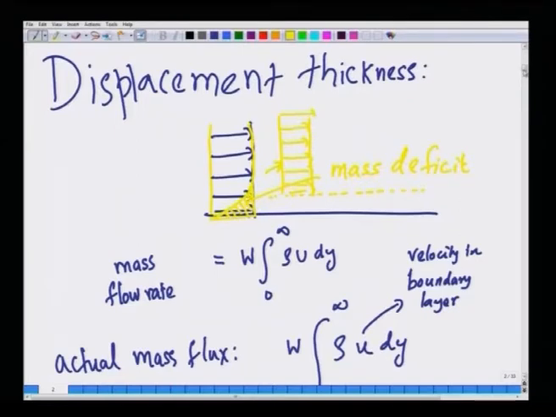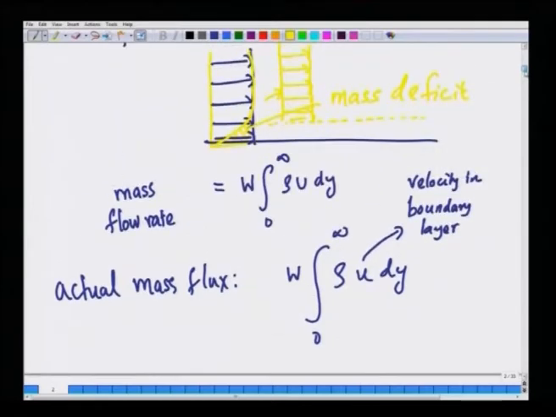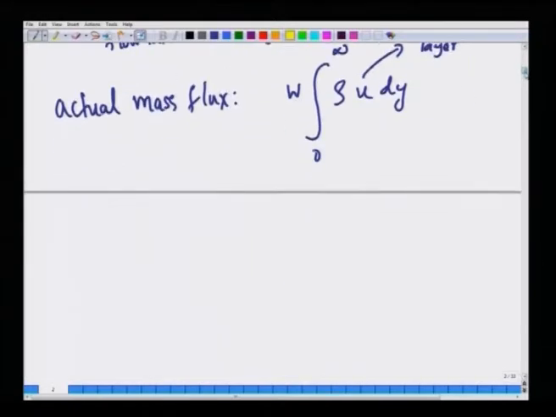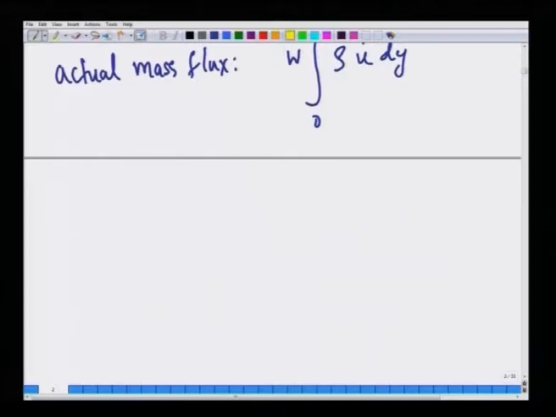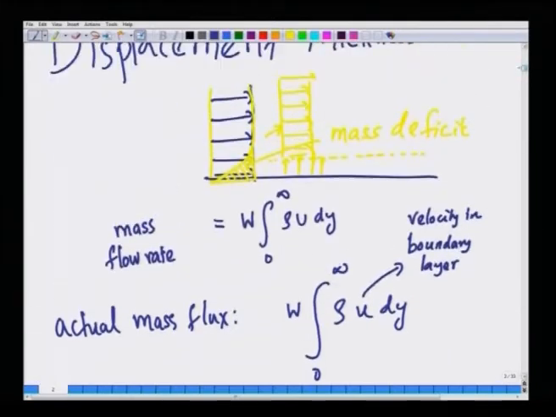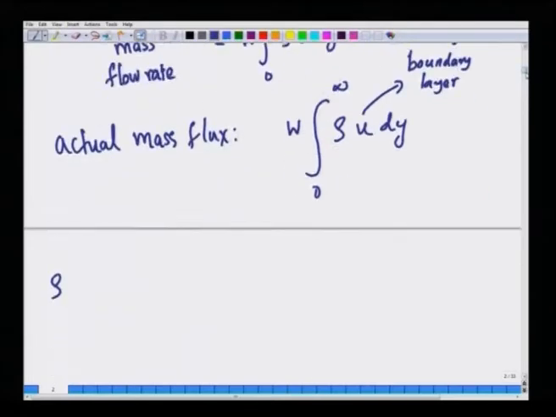Okay. So, essentially the net effect of the boundary layer is as though it is trying to lift the flat surface, so that the mass deficit is accounted for. Okay. So, how do we do that? We are going to set the losses equal. Suppose you call this thickness delta star. Okay. This mass deficit must be equal to this mass deficit. That is the way we are defining delta star.